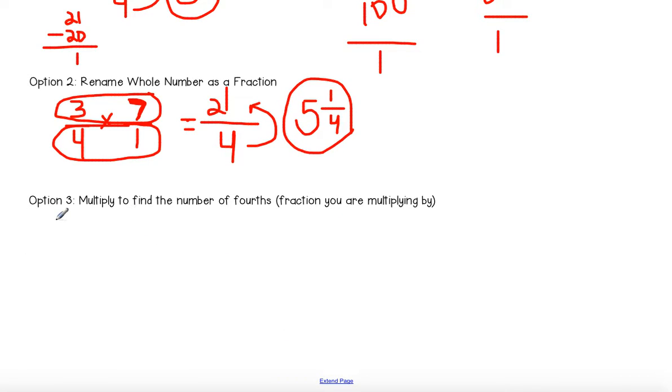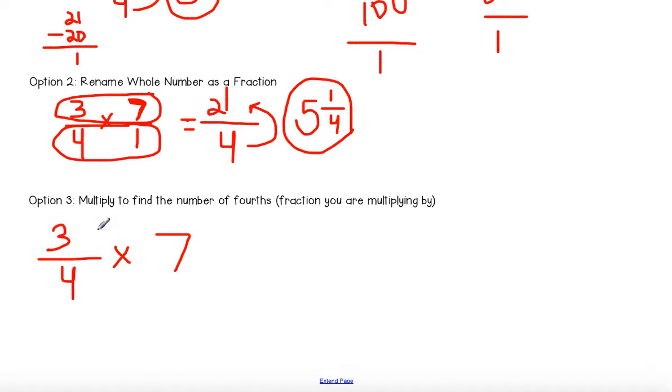The third thing that you can do is multiply to find the number of fourths, or the fraction that you're multiplying by. So for example, I have 3/4 here times 7. That's my equation.